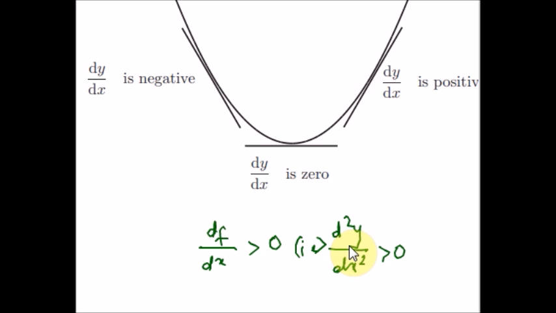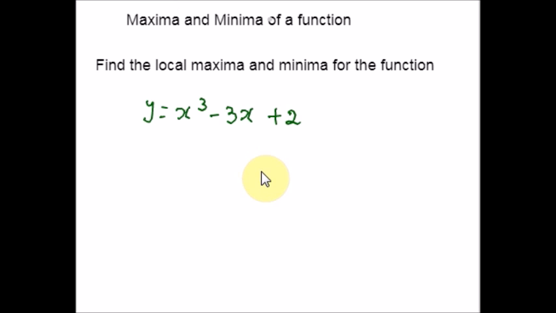Okay, now let me show you some solved examples on maxima and minima. Here is an example. We are supposed to find the local maxima and minima for this function y equal to x cube minus 3x plus 2. We will need to find the stationary points for this function, for which we need to calculate df over dx. We will proceed as follows.